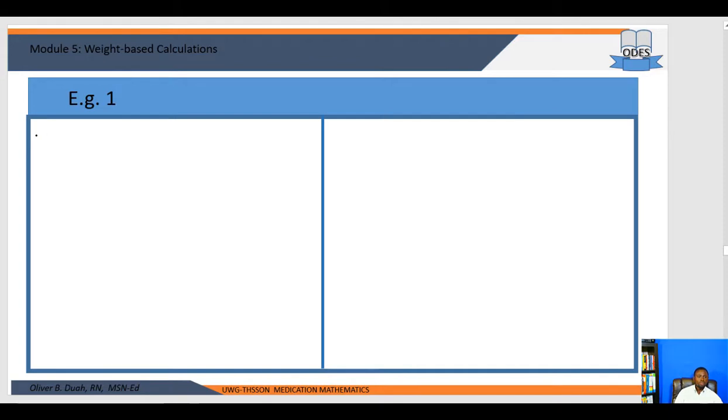We know that our prescribed dose, which we will term as P, is 4 milligrams per kilogram per dose.